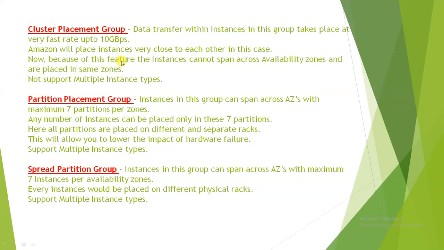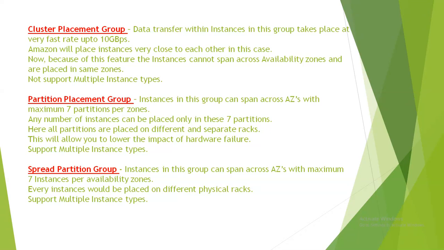Because of this feature, the instances cannot be spanned across the availability zones and are placed in the same zone, because this is the reason that they achieve such a high speed. And this is also the reason that Amazon places all your instances at the same place.